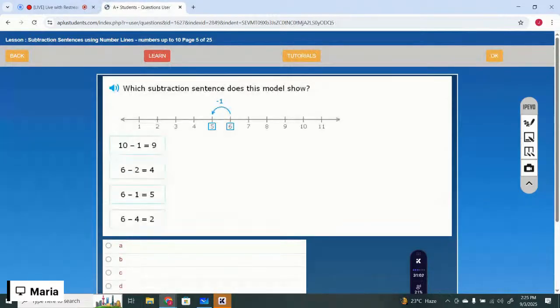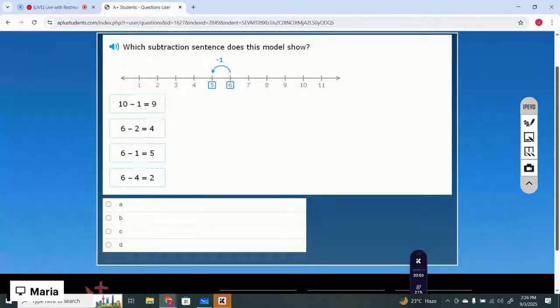Which subtraction sentence does the model show? That is 6 take away 1 equals 5.